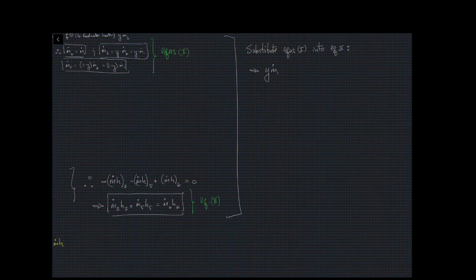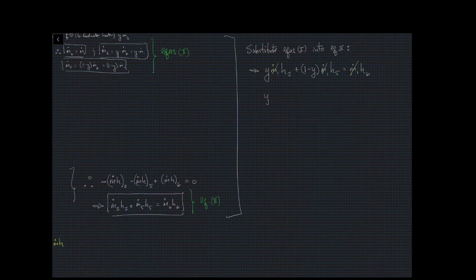So m dot 2 is simply the mass fraction rate y times m dot 1. m dot 5 is 1 minus y times m dot 1. And lastly, m dot 6 is simply m dot 1.